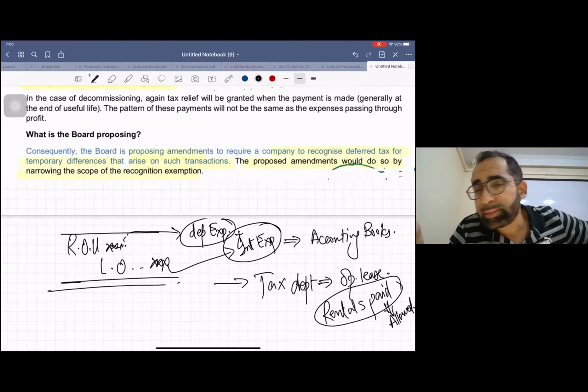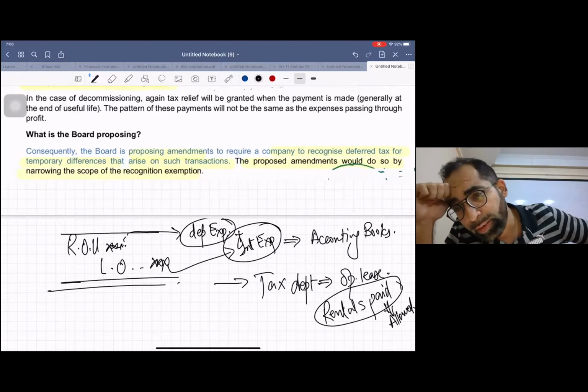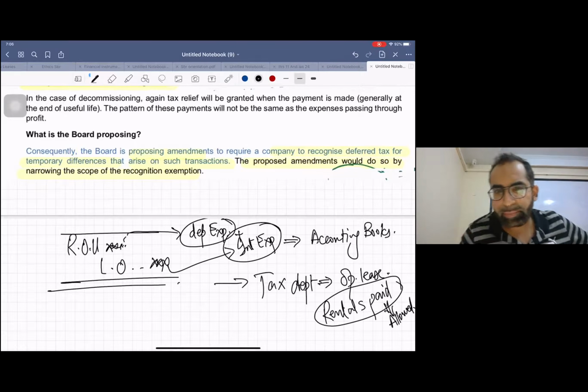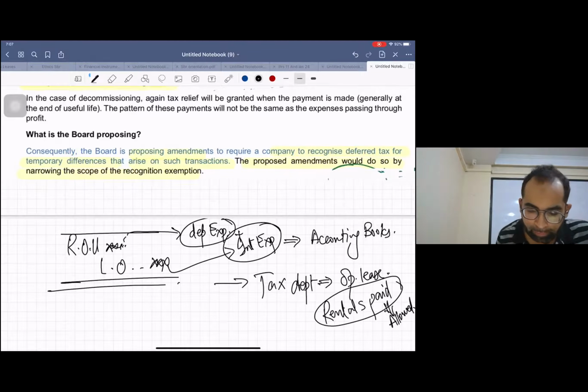In the tax books, the amount is different, and also the time is different. How can the time be different? Let me give you one very easy example.